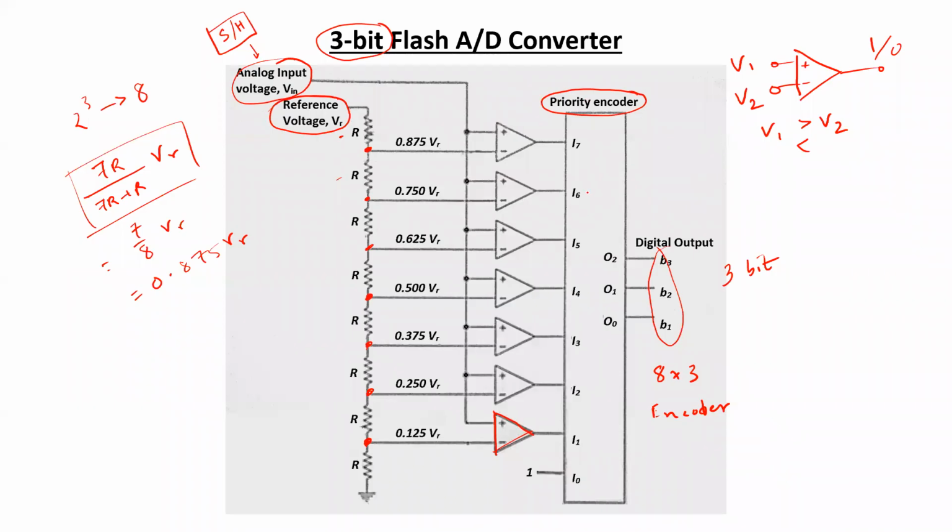And what will happen if I5 is 1 and also I7 is 1? Then I7 will be counted, I guess. Okay, so that indicates that the highest significant bit that is equal to 1 will be given the higher priority, right?